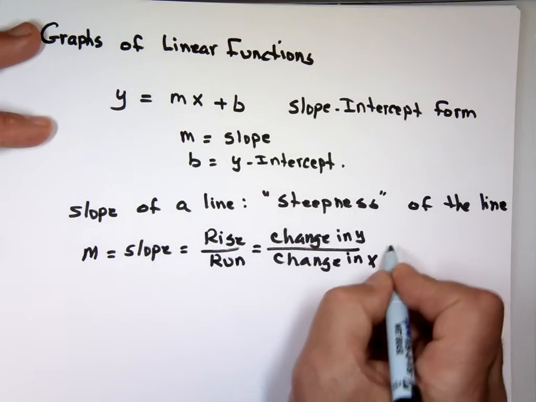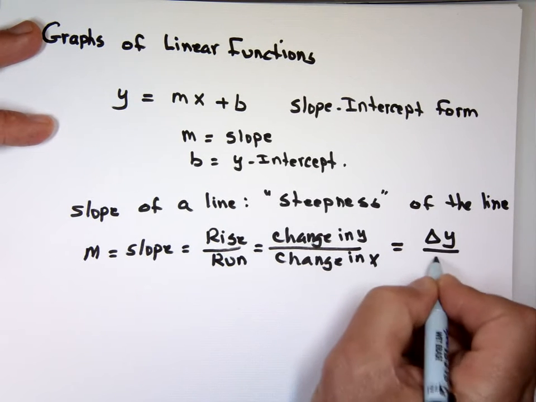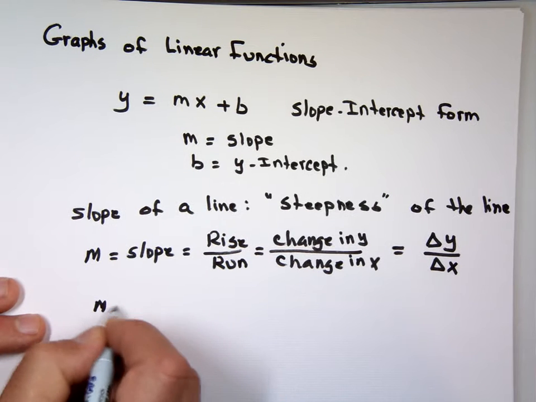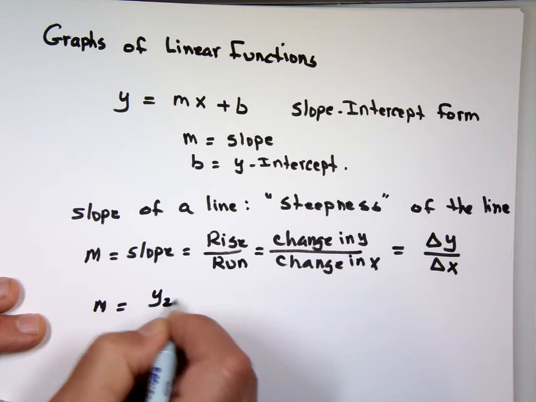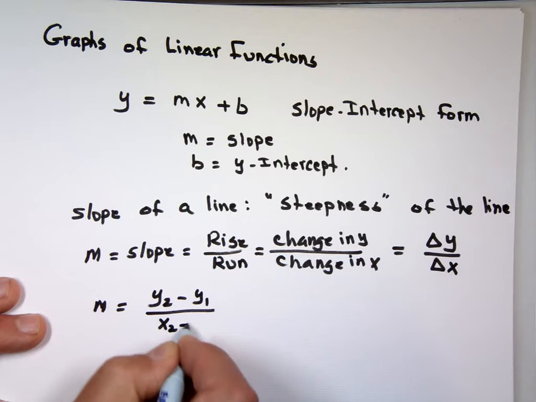So the way we write it, we go delta y over delta x. Delta means change. So when you see that little triangle, delta, that means change. Just another way. We don't want to write change. So the slope is known as y2 minus y1 over x2 minus x1.